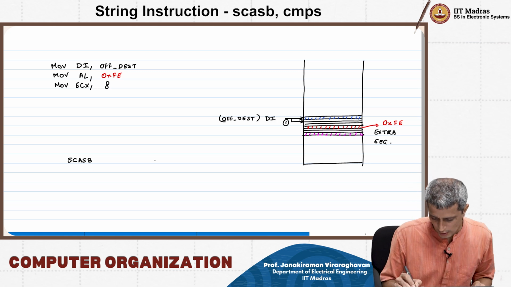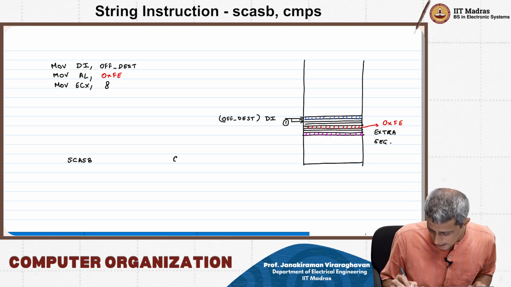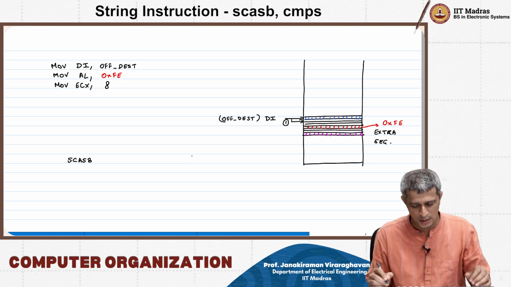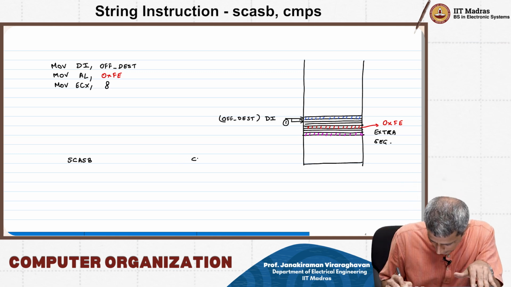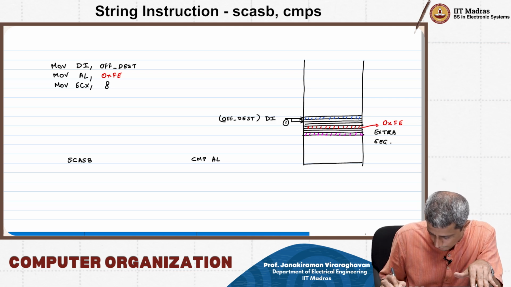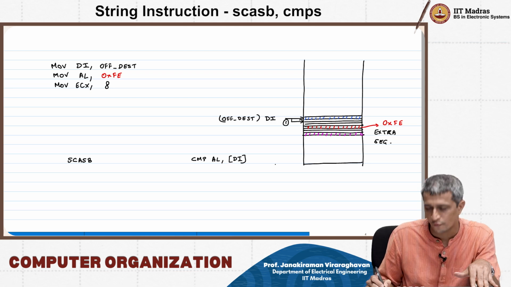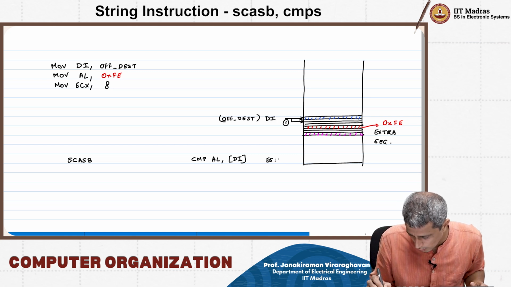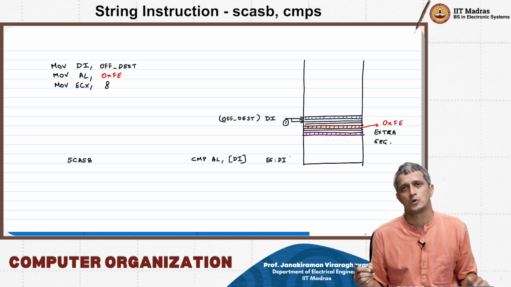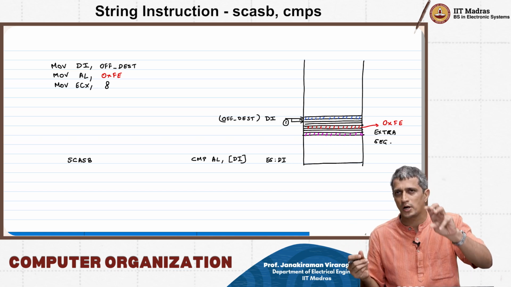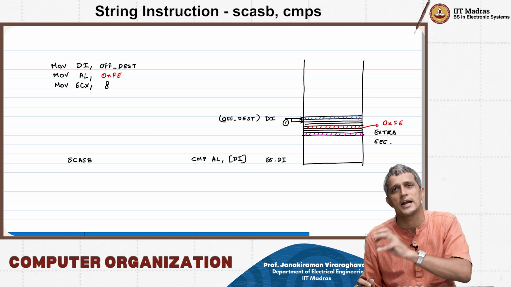Okay. So if you look at what this instruction does, it will compare the contents of AL with the contents of DI. And of course, contents of DI means extra segment colon DI. Colon means you are taking the extra segment value, multiplying it by 0x10 and then adding it to DI.